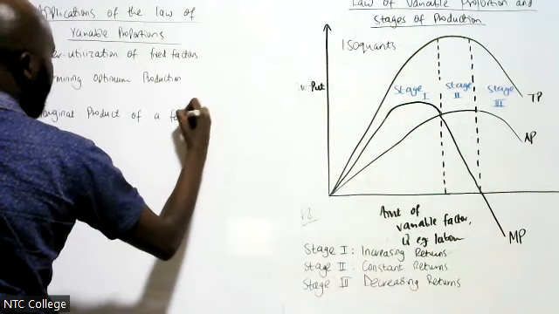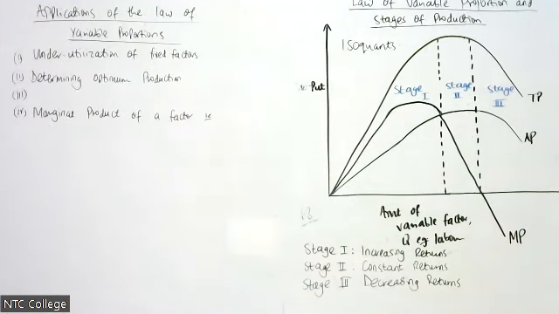It helps producers to understand the marginal product of a factor, i.e., the extra output obtained by adding one or more extra units of a factor of production.